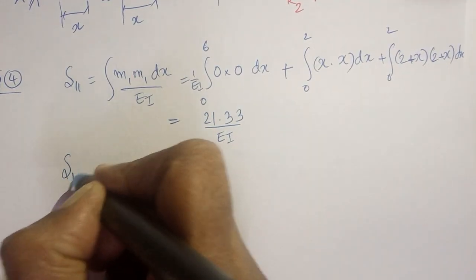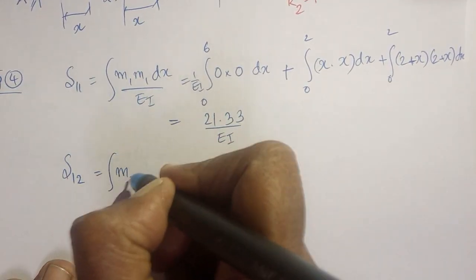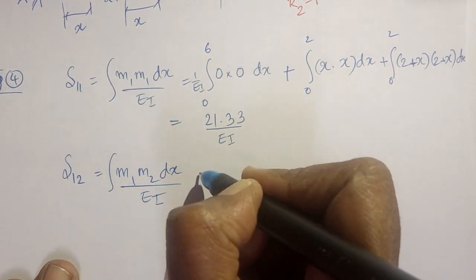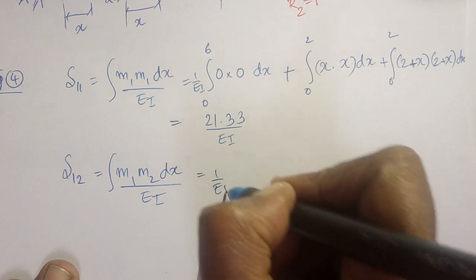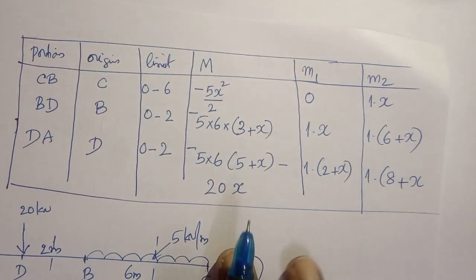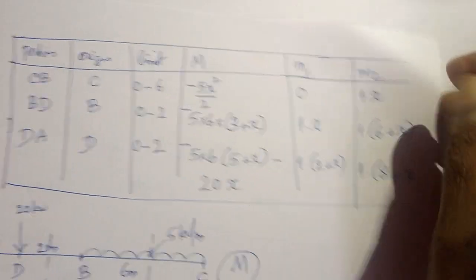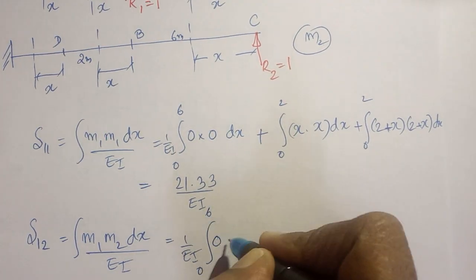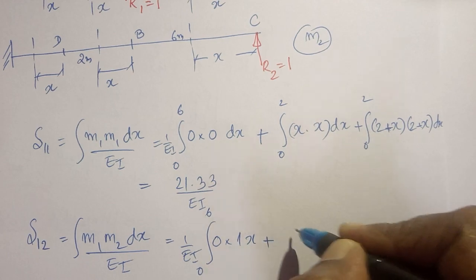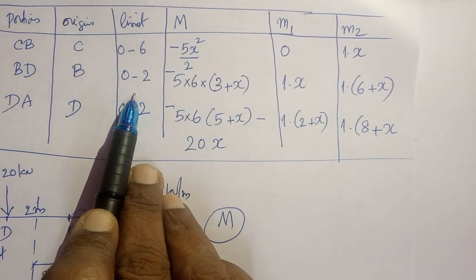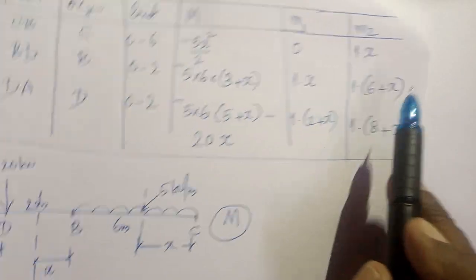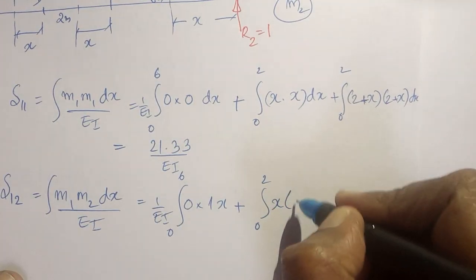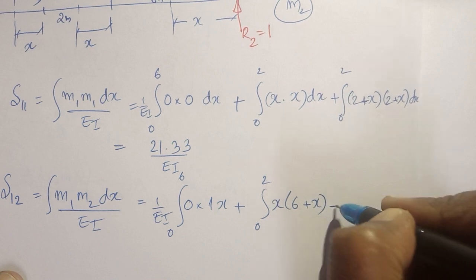Similarly, evaluate delta 1 2, integral M1 M2 dx by EI. So that is equal to 1 by EI. First portion 0 to 6, the expression is 0 into 1x. Second portion 0 to 2, x into 6 plus x.